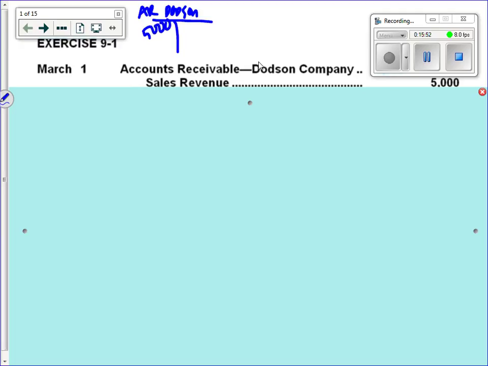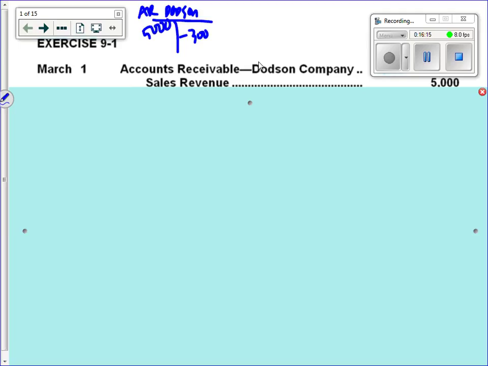Well, lo and behold, March 3rd, they do. Dodson Company returned $300 worth of merchandise. So they no longer owe us $5,000, and our revenue of $5,000 got karate chopped with a contra revenue account. What contra revenue account allows for this to happen? You guys remember?